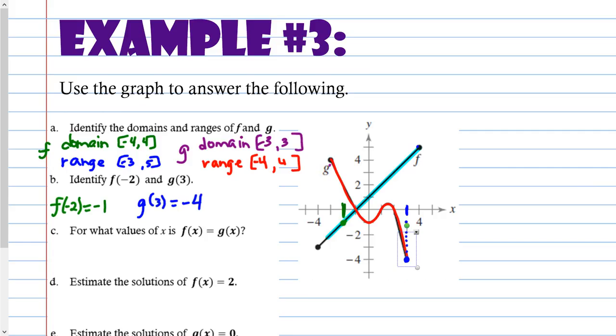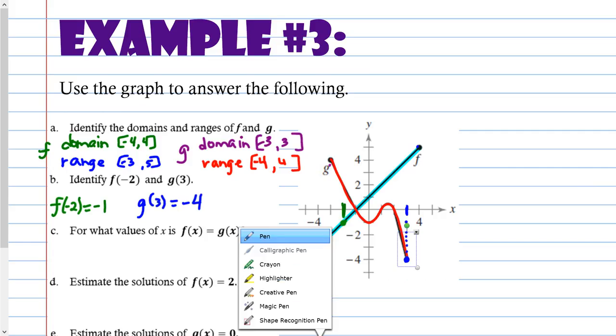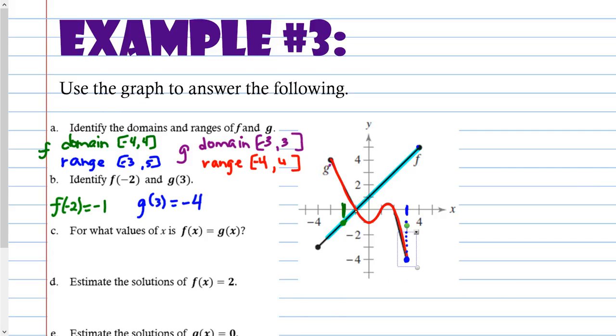So all you have to do is analyze the functions' graphs here, and where do they intersect? So let me highlight this. So right here, there you go, right there. That's where they intersect. And that x value is -1, and then that would be your answer. So x equals -1.